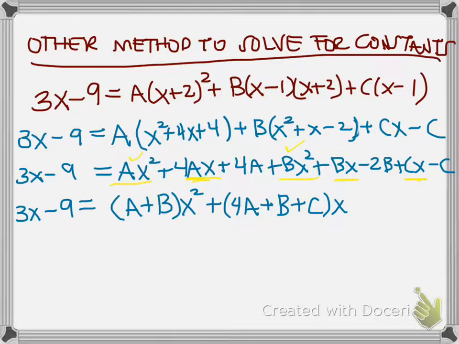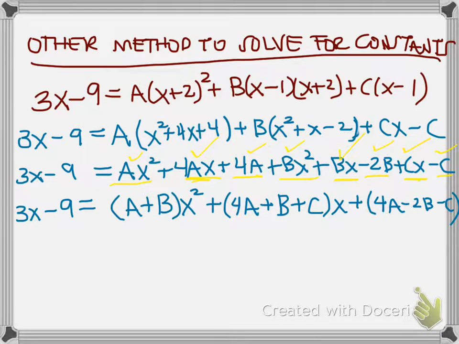Okay? And so we've taken care of our x terms. And then the remaining terms just represent our constant. So we can sort of group those together. So that's plus 4a minus 2b minus c. Okay. And then we're done with that.